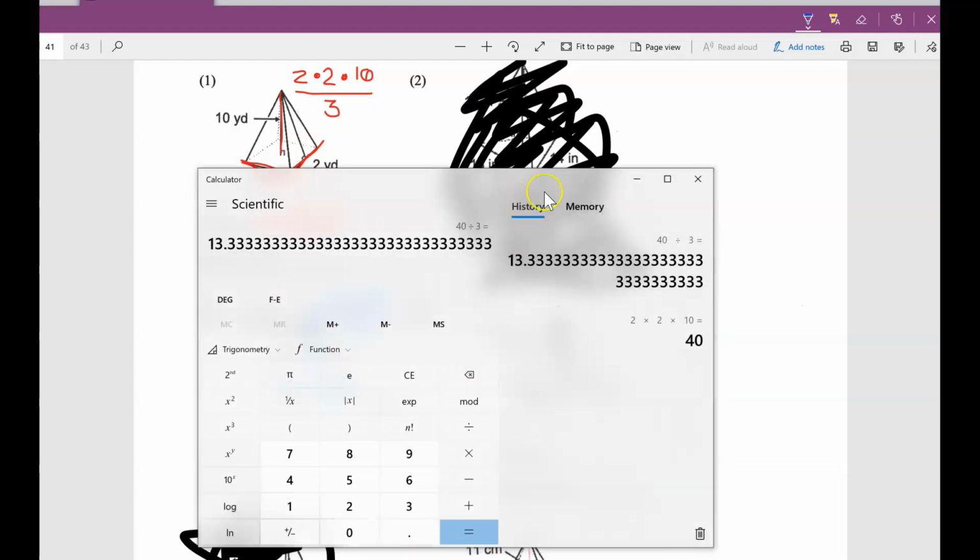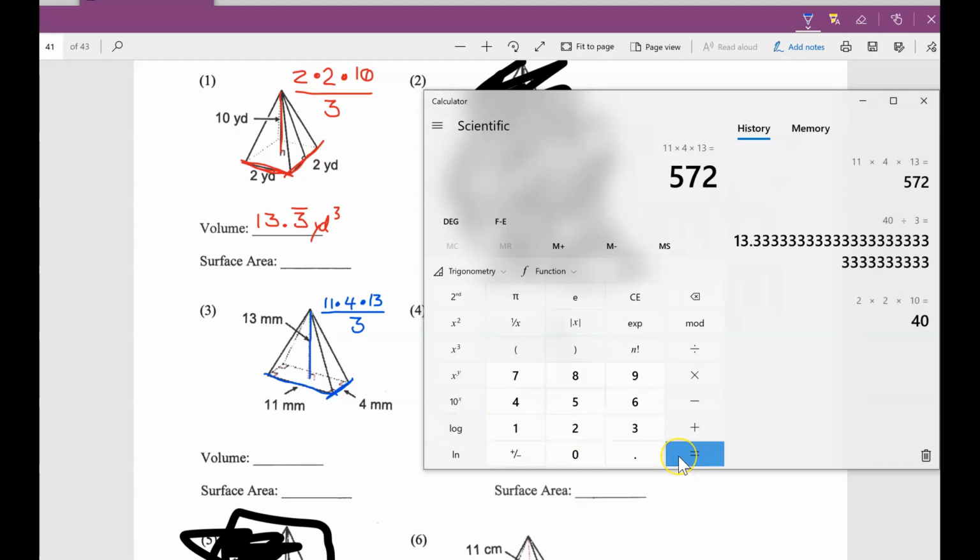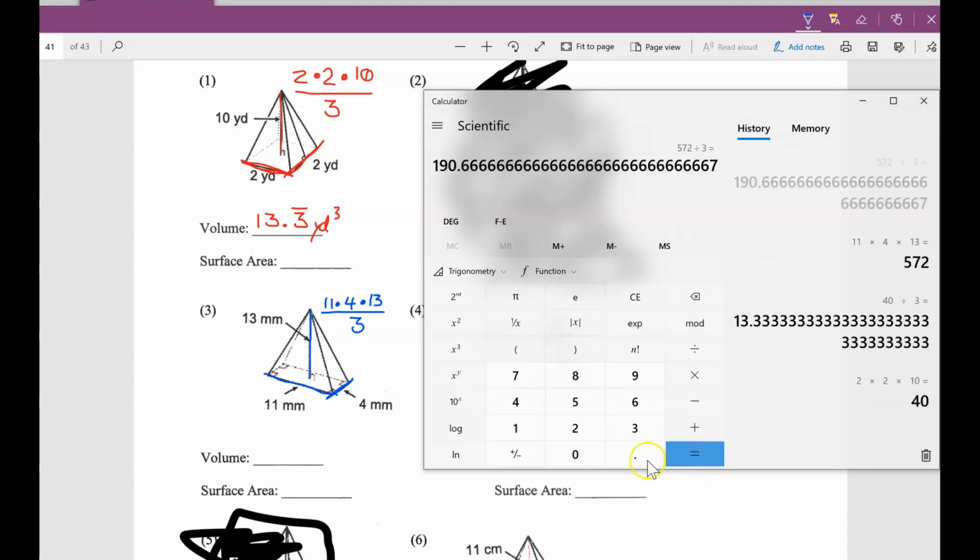Let's throw that into our calculator. Clear everything. 11 times 4 times 13 is 572. Divide that by 3. You get 190.6 repeating.